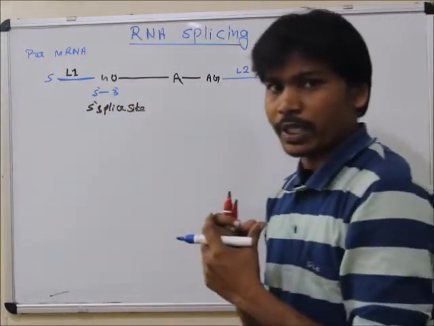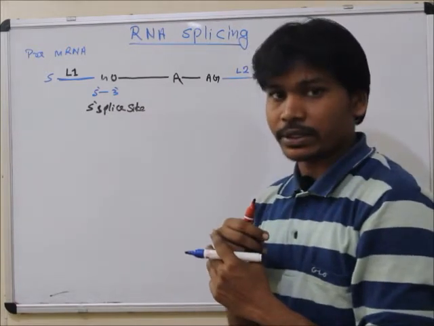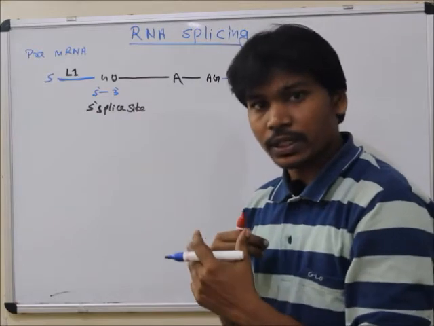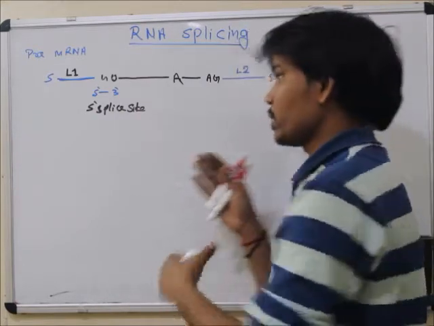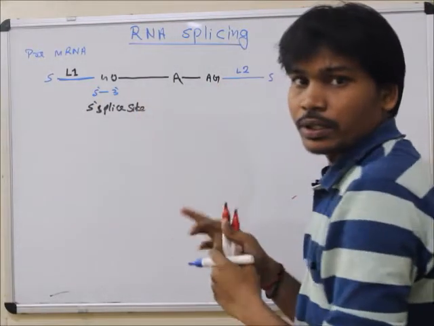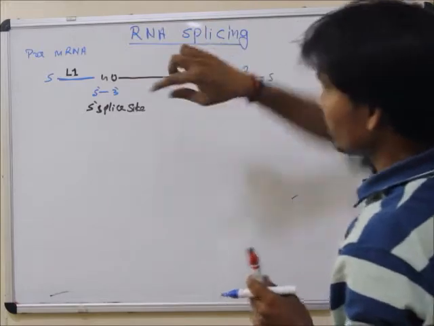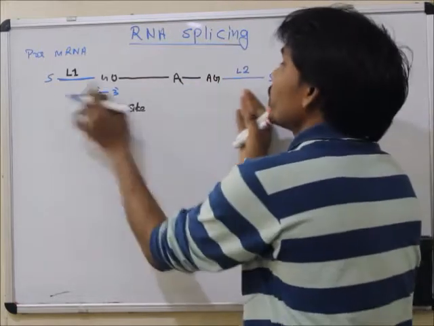There are more complexes. First I will talk about the transesterification reactions, then I will describe the complexes involved in the spliceosome, which make loops. These problems are solved by making loops within the sequences.